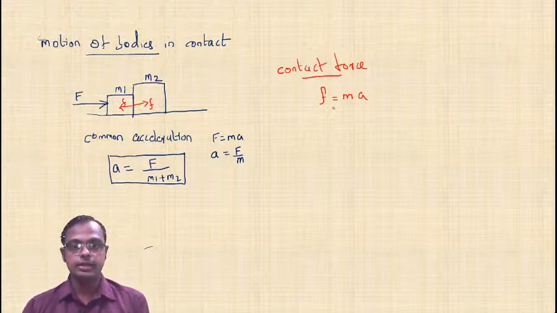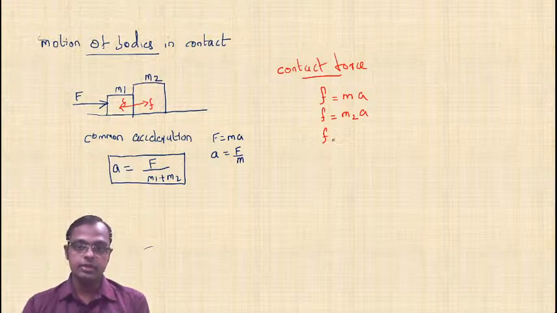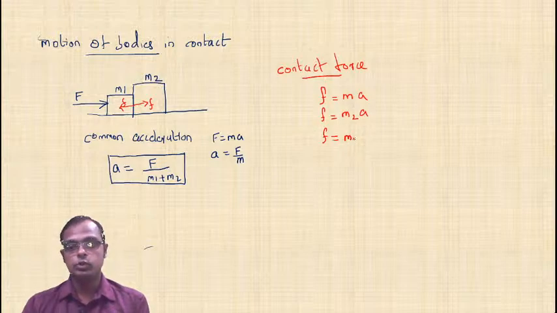So we can write here f is equal to M2 into a. So what is the acceleration? Acceleration is common, right? So we can write f is equal to M2 into the common acceleration, that is F divided by M1 plus M2.